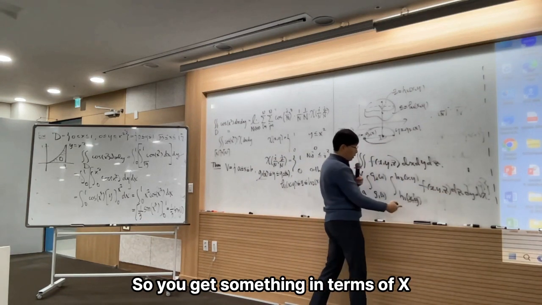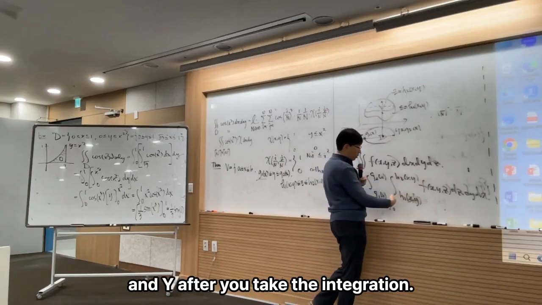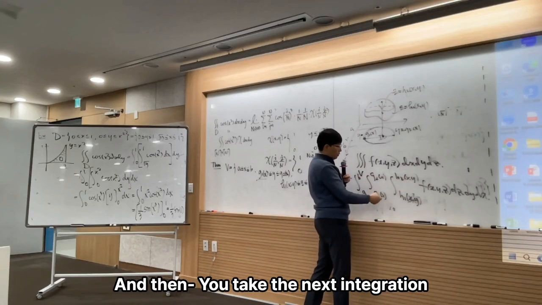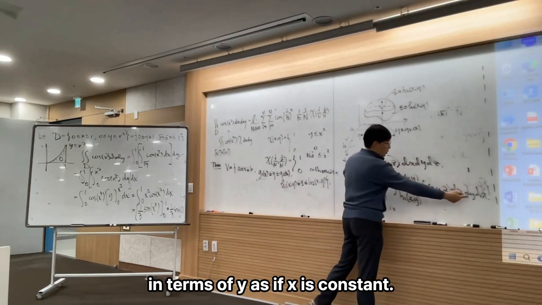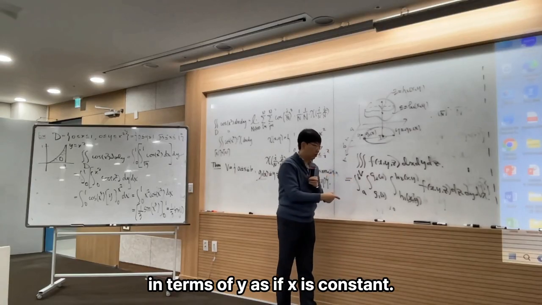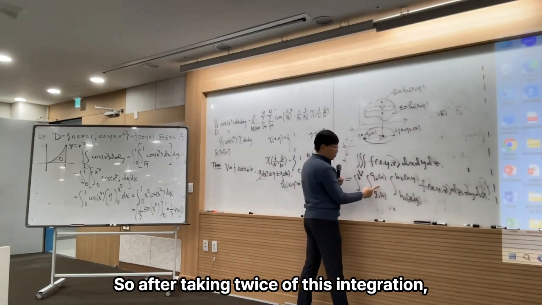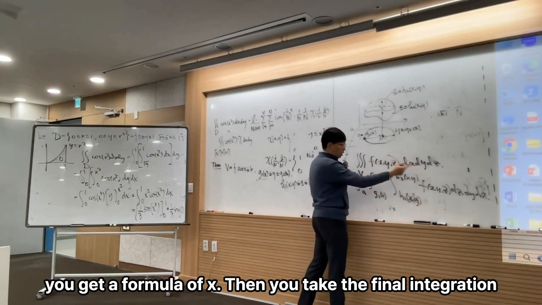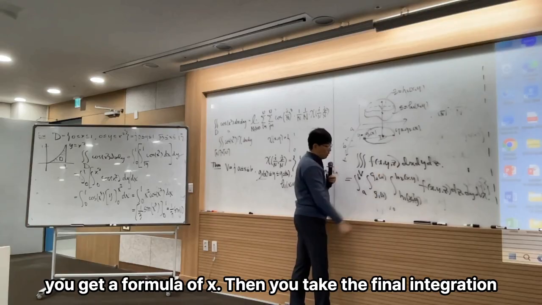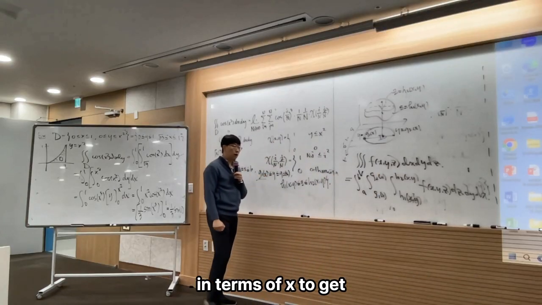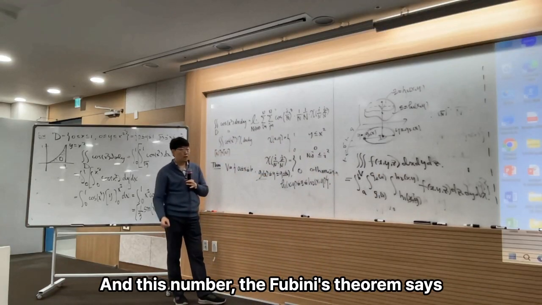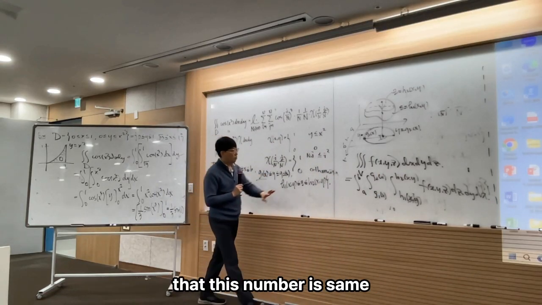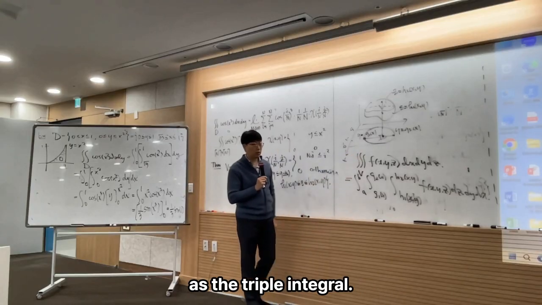So you get something in terms of x, y after you take the integration. And then you take the next integration in terms of y as if x is constant. So after taking this integration twice, you get a formula in x. Then you take the final integration in terms of x to get a number. And this number, the Fubini theorem says, is the same as the triple integral.